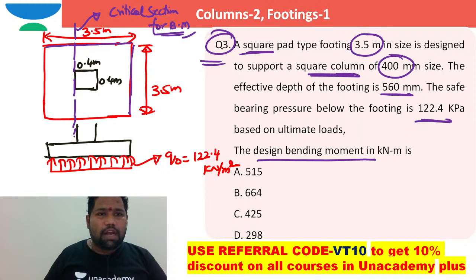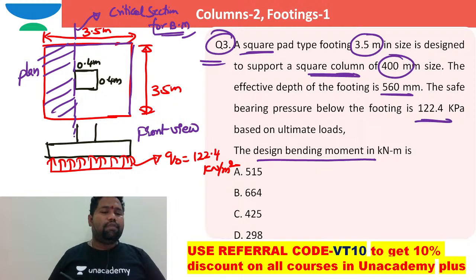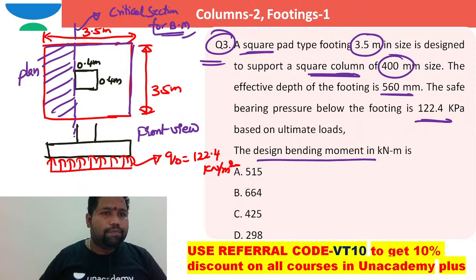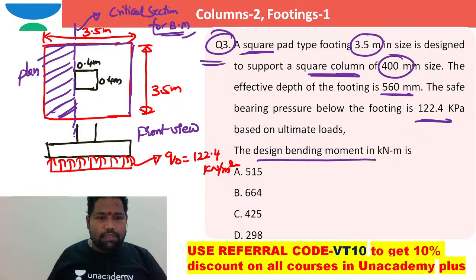This pressure multiplied by, if I take the free body diagram of the left hand side of this critical section, this is the area. This is in plan and this is in front view. Is that okay?